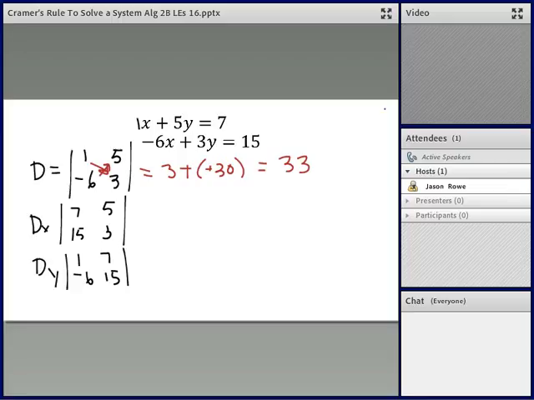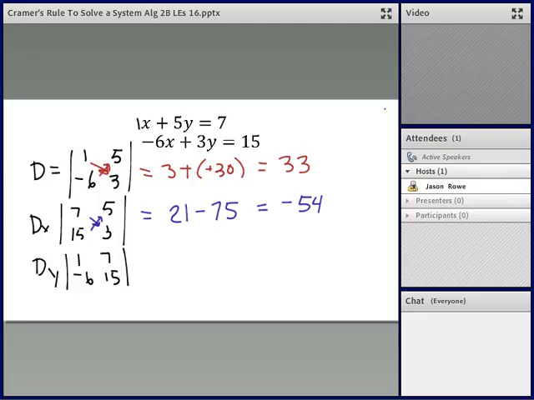Okay. We've got +21 minus 75. We'll do that math. We're going to get -54.